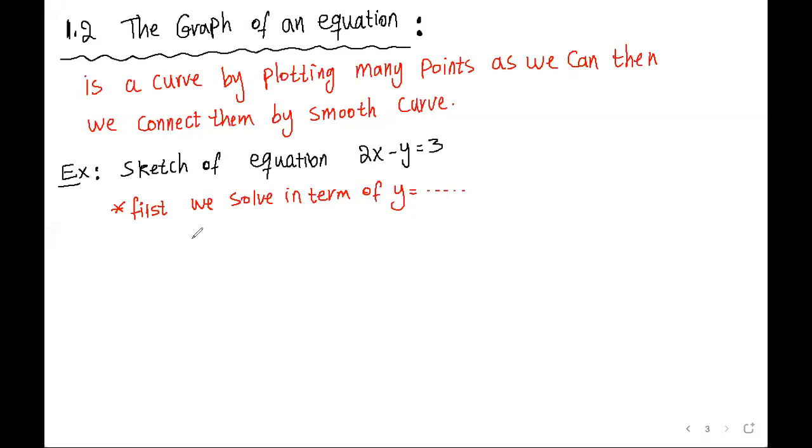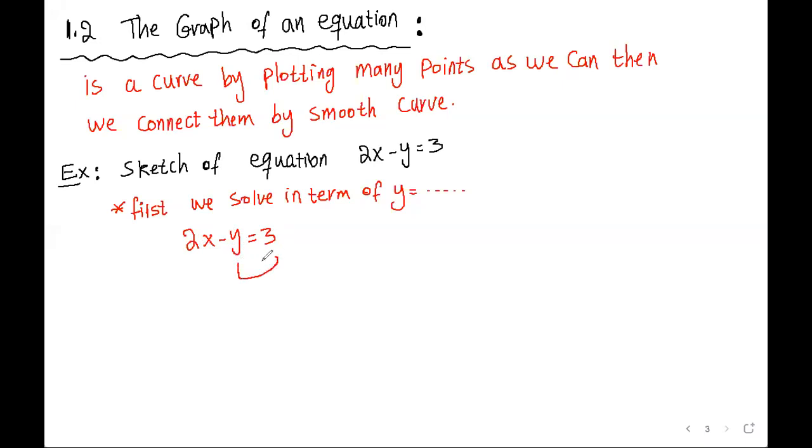So my equation is 2x minus y equals 3. To make this equation y equal something, we move the y to this side and we move the 3 to this side. Or we can subtract the 2x from both sides, then divide the whole equation by minus 1. Okay, let me do the easiest one.